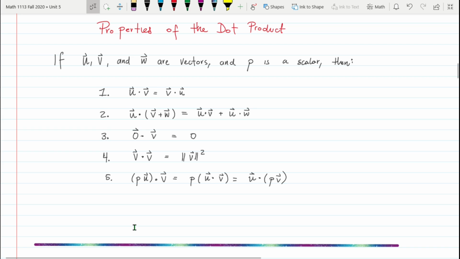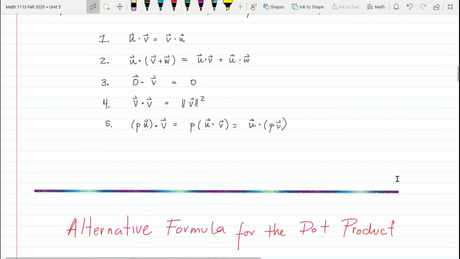Okay? Then if we have a scalar multiplying a vector and then dotting with another vector, it is the same thing as doing the dot product first and then scaling it, or scaling the one vector and then dotting it with the other. It is all equal to the same thing.